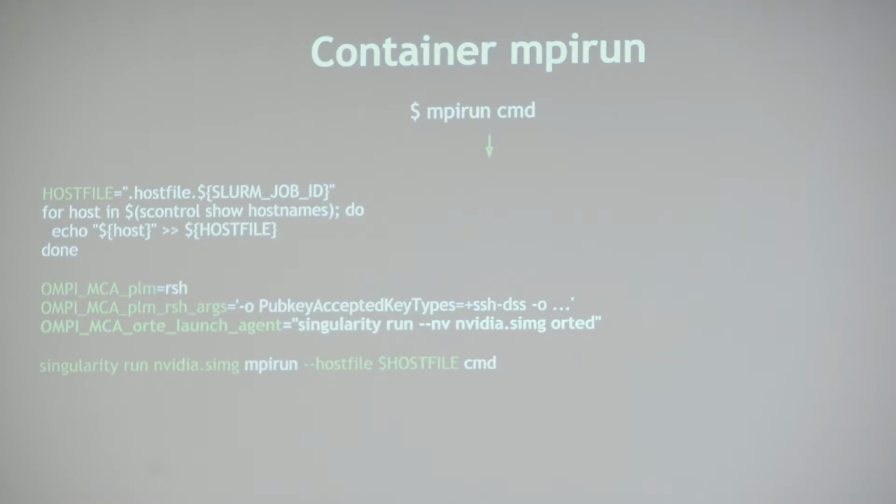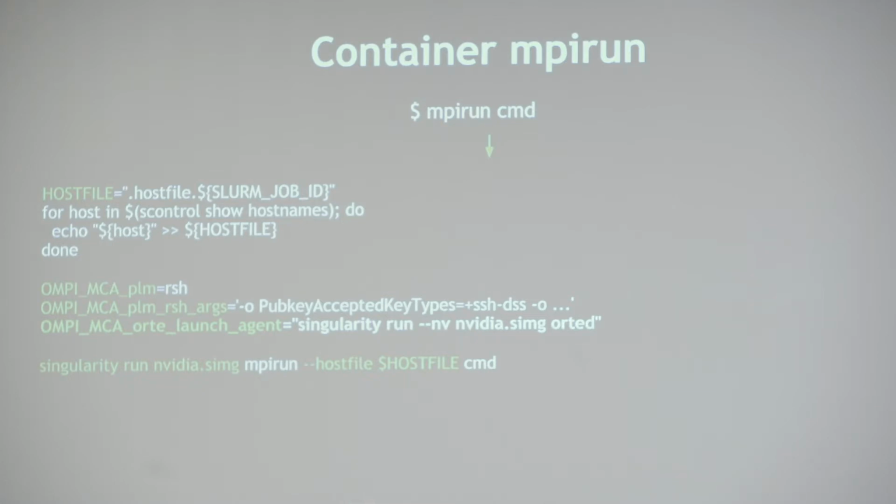The last line is very important. The last line of the second block, the ORTE launch agent. What this does, you can see we have singularity run, our image, and a command called orted. orted is the OpenMPI process manager. So what we're telling mpirun to do is to start the process manager inside of a container.